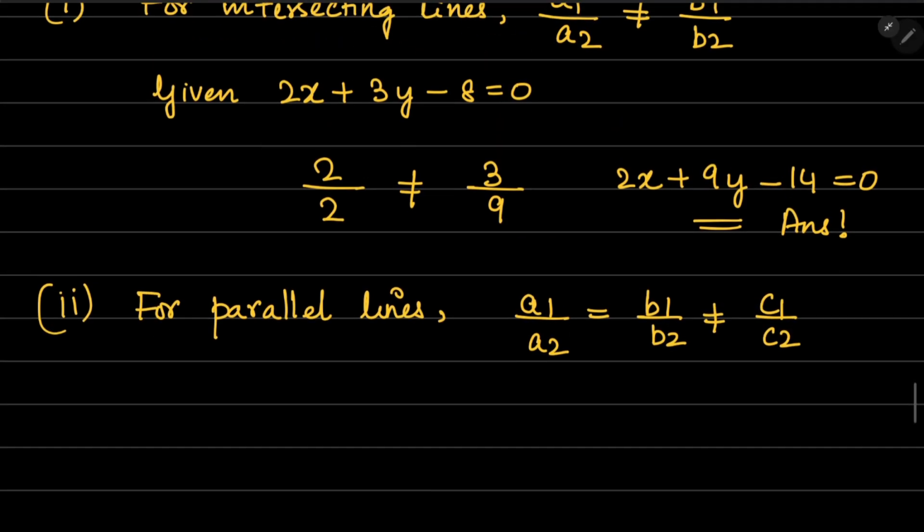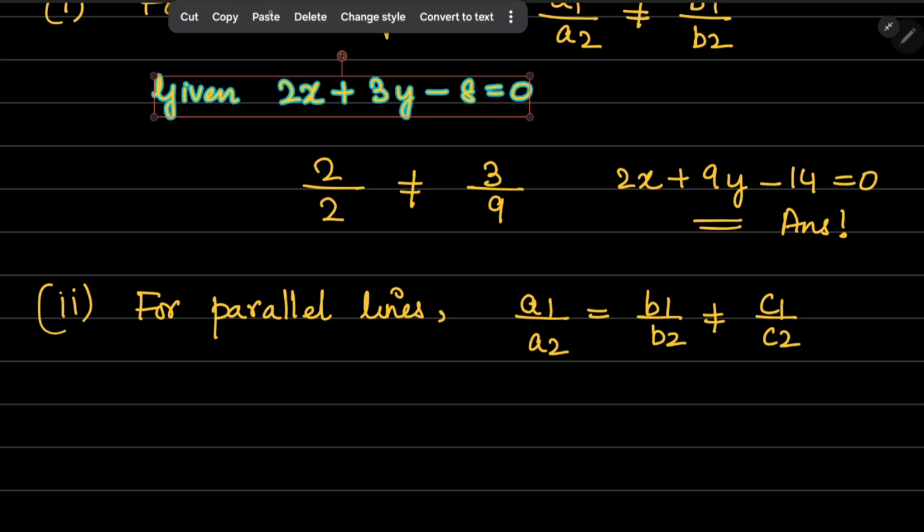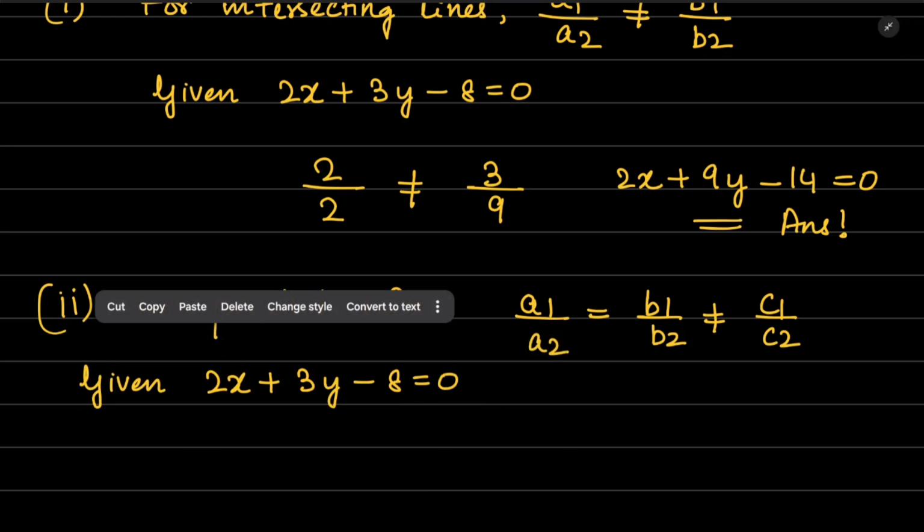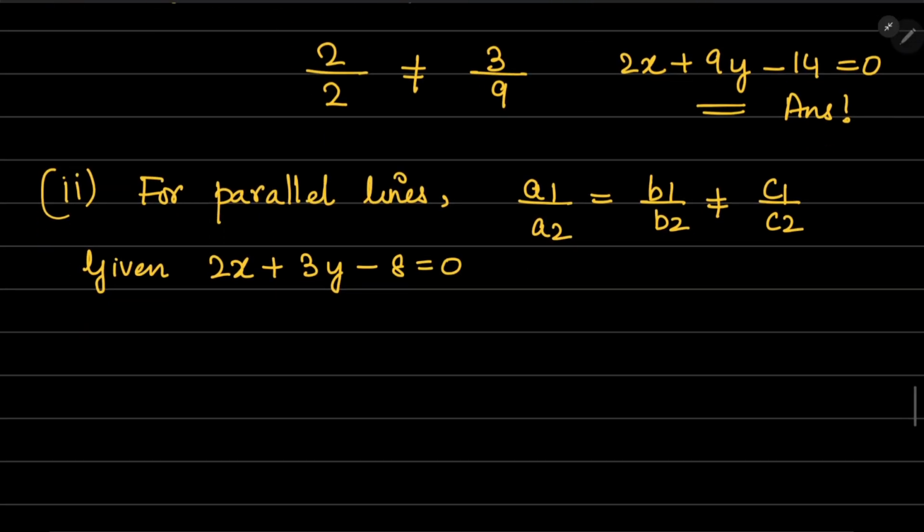Right? So for the given linear equation, we have to find a pair of it. So this is given. Let me also write the same. Okay, so 2 is equal to 3 divided by something should not be equal to minus 8 by whatever.